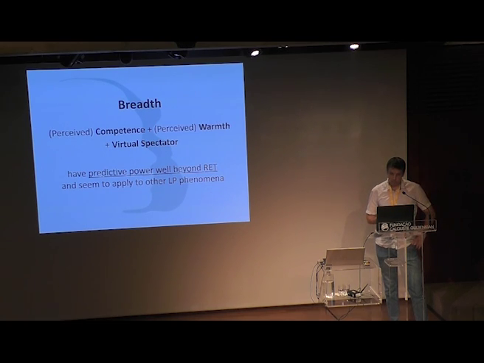So breadth. We believe that perceived competence, because it's not actual competence, it's not actual warmth. The social currencies are as they are perceived of a person, so perceived competence, perceived warmth, and the device of virtual spectator. These three constructs, when you apply them, they have predictive power well beyond the context that they define for red, right? Why is that? Because you can easily imagine the same apparatus used towards requests, right?